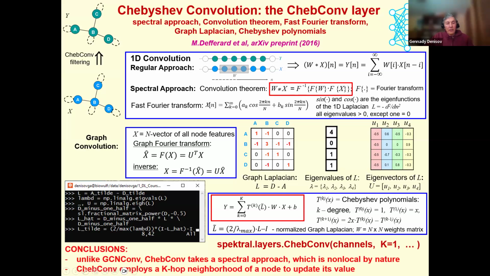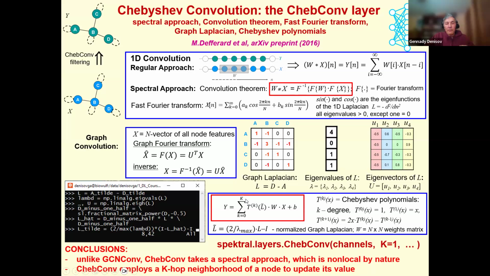So unlike GCN-conv, the vanilla graph convolution, Chebyshev convolution takes a spectral approach, which is non-local by nature, because in computation of a given node, in filtering of a given node, we potentially may use all other nodes, not necessarily one-hop neighbors, just based on this formula.